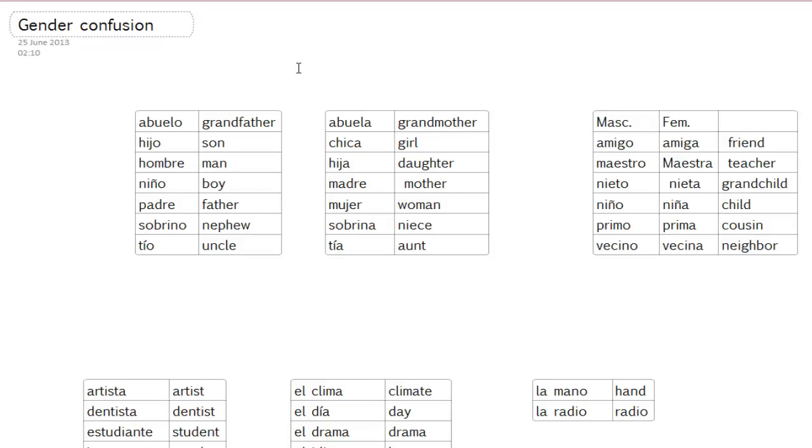If it ends in O, say we've got O here, and these are O's. These are the things. So, let's write it out. If it's O equals masculine, and A equals feminine.